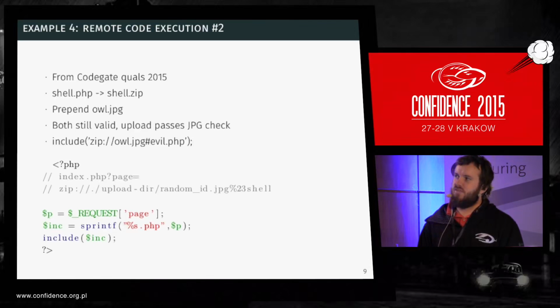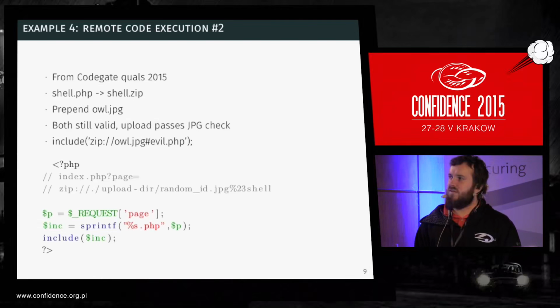PHP code that we wanted to execute, zip it up, and then prepend a valid JPEG file. As you may or may not know, if you concatenate a JPEG file with a zip file, both of the files are still valid, because zip files are typically read backwards, and the JPEG file has an end of file marker.